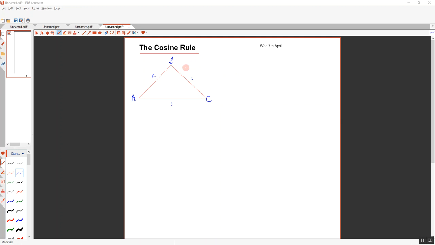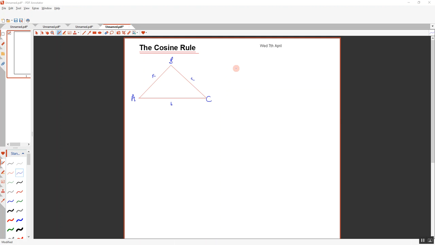So before the break, we looked at the cosine rule, and the cosine rule enables us to find a length or an angle for any non-right angled triangle. Okay, so it has to be non-right angled. Actually, it doesn't have to be. It will work for any triangle, but we use it for non-right angled triangles.